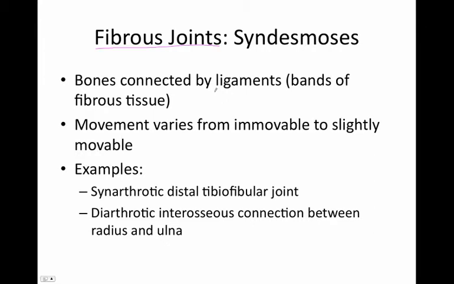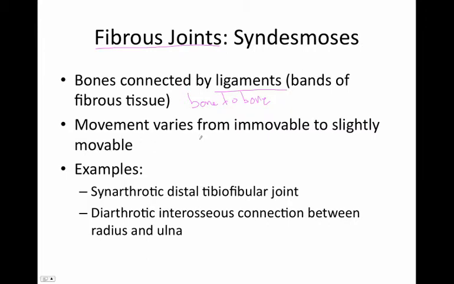Syndesmosis, we're still in the fibrous joint category. The bones are connected by ligaments, and if we remember that ligaments are bone to bone, whereas when we take a look at muscle integration into bone, then we have a tendon.